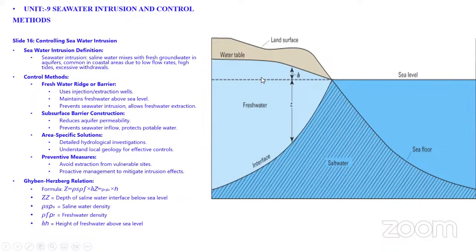That is Z, and the water table above sea level is H. Like that, we have seawater density, freshwater density, the interface depth, and the water level above sea level, that is H. These are the main inputs for identifying the exact seawater intrusion into the freshwater aquifers. I hope you are understanding what Z and H are.